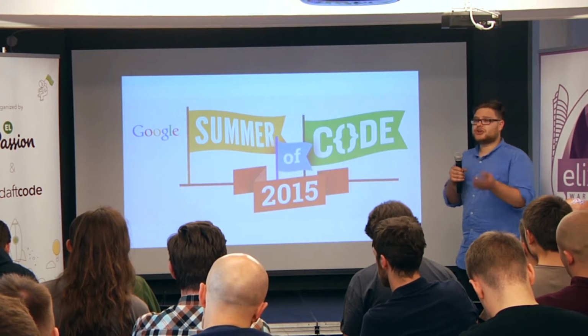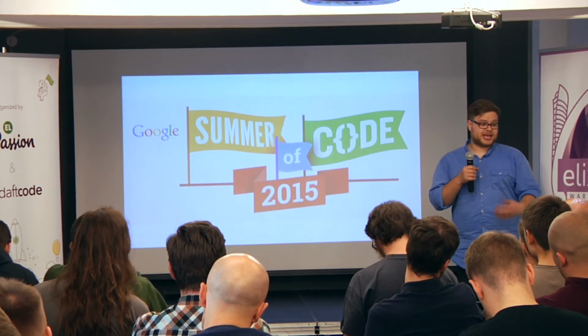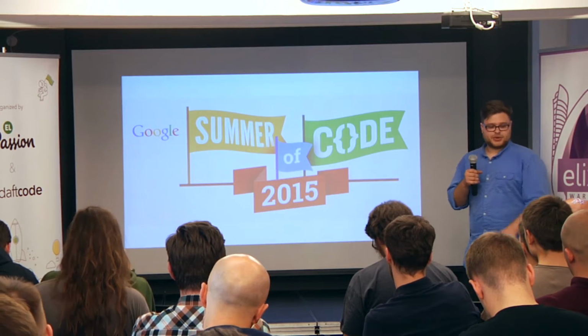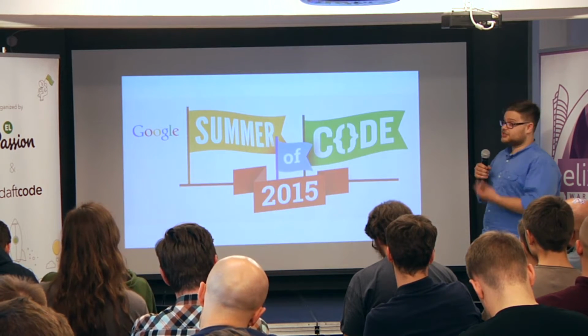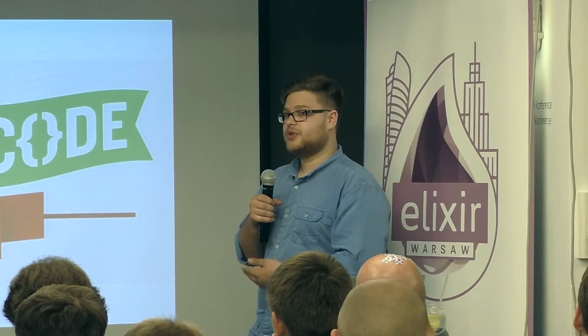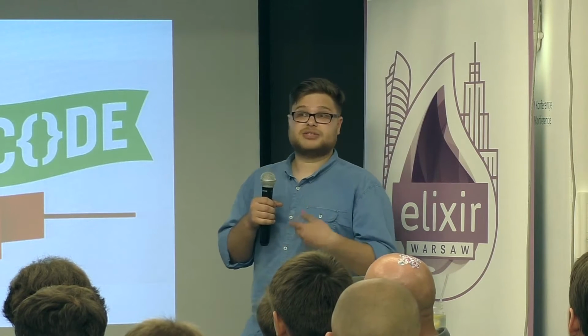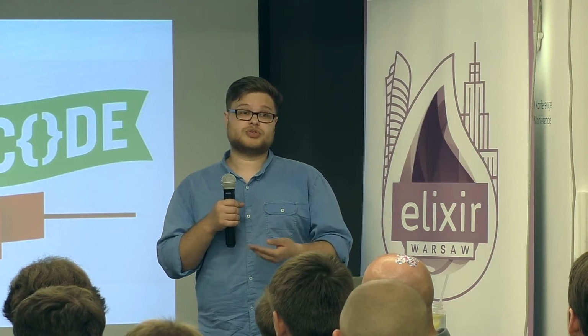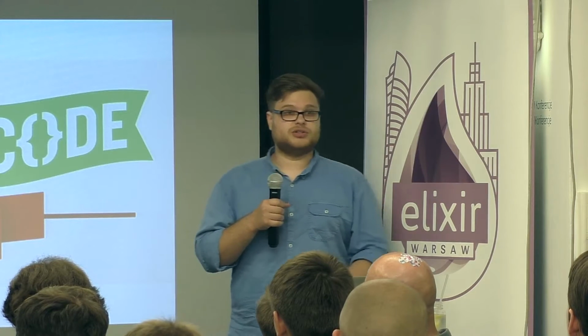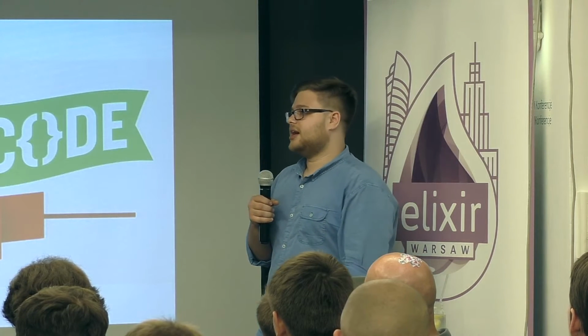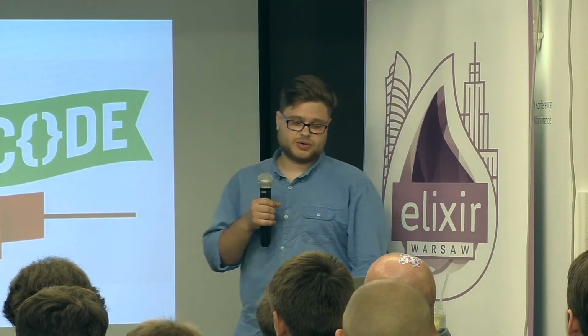So why am I even talking to you about Ecto and Elixir? I got to Elixir through Google Summer of Code, which is a program for students where Google pays students to work on open source projects. So I joined Ecto and I contributed to Ecto.